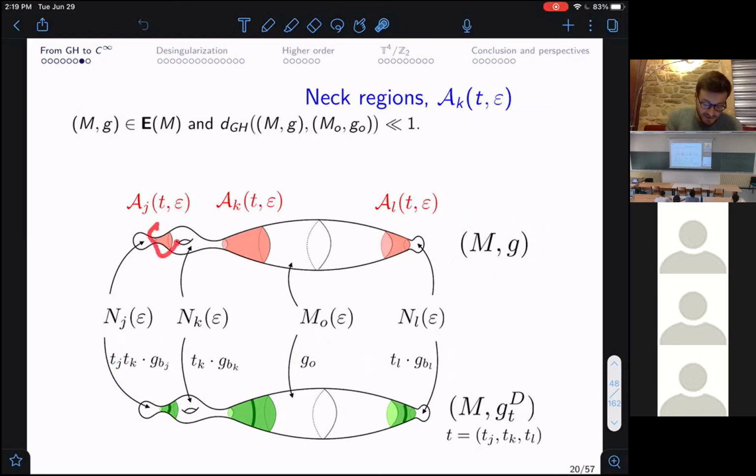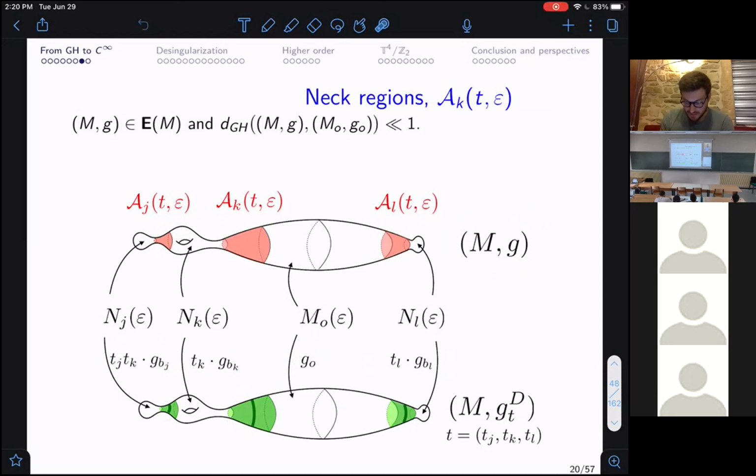And so the whole difficulty is really these neck regions. How do we deal with these, and how do we relate them to the green regions here? In darker green is the gluing region where the metrics were cut off to each other.